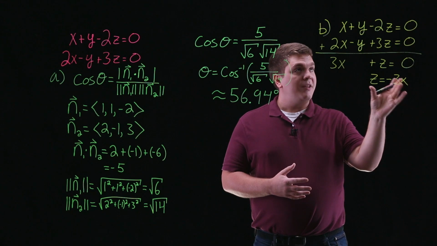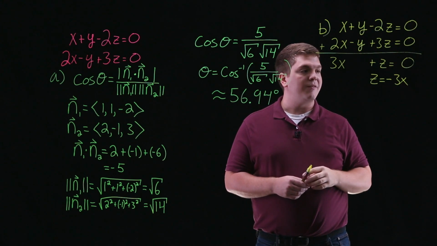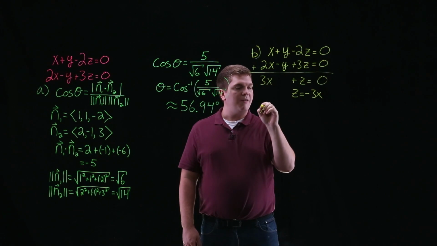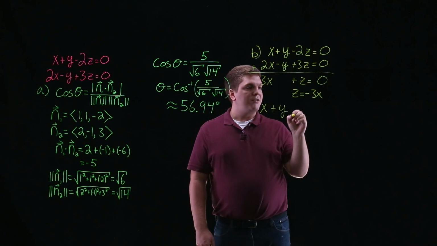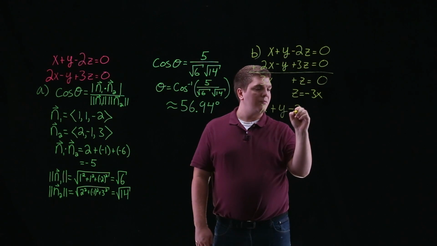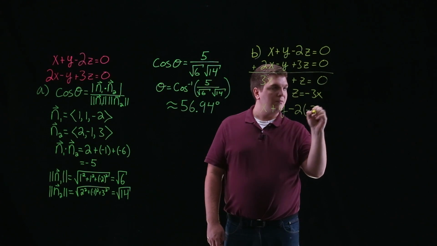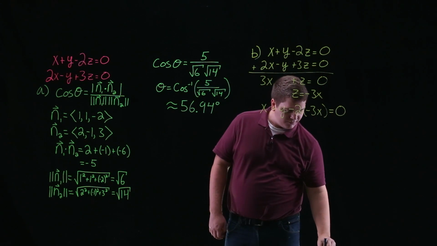Now, we can substitute this back into either one of our equations to solve for y in terms of x. So let's go back to the first equation. We have x plus y minus 2z, and we're going to replace z with negative 3x, and this is equal to 0.